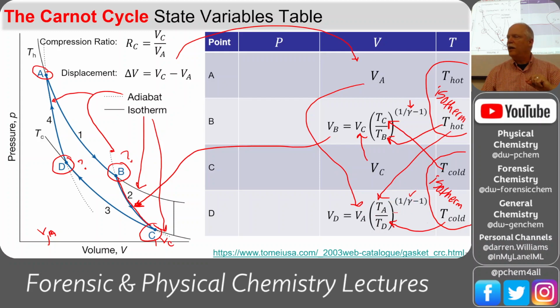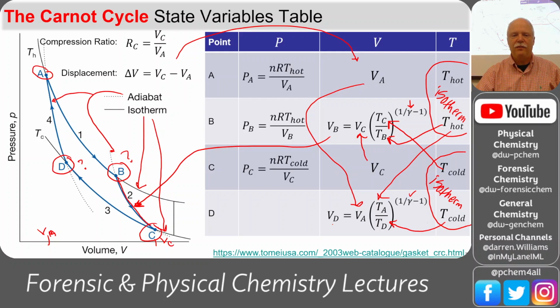At that point, you just plug it in and go. And you can calculate the volume at point D. And then once we have that, we use the ideal gas law to calculate all our pressures. So that's how you fill out the state variables table for the Carnot cycle. And next time we'll do the Carnot cycle calculations.